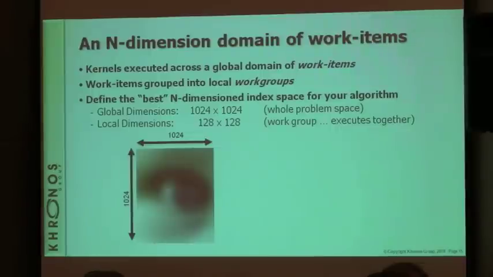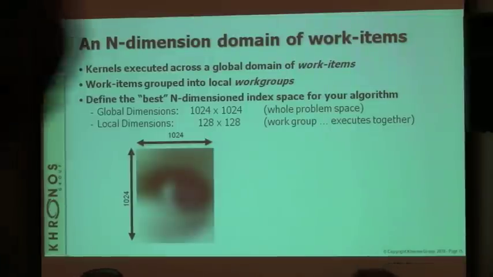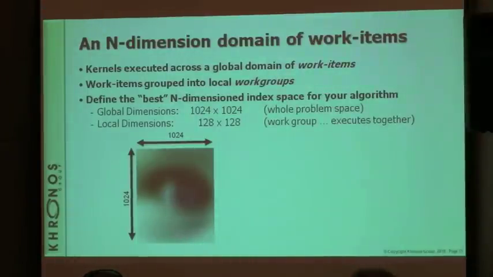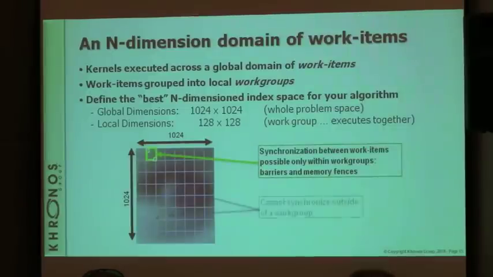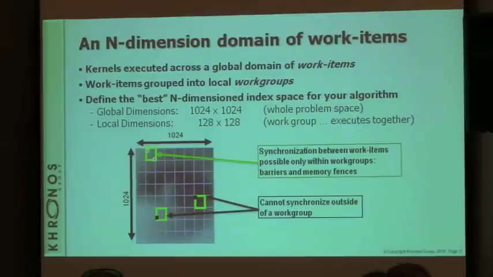Okay? So the idea is you choose the best dimension or the size of your computation problem based on what you're working on. So in this example, I chose a global size of 1K by 1K, and a work group size of 128 by 128. Now the key thing here is that work items in a work group can share data, and they can perform synchronization between each of the work items in the work group.